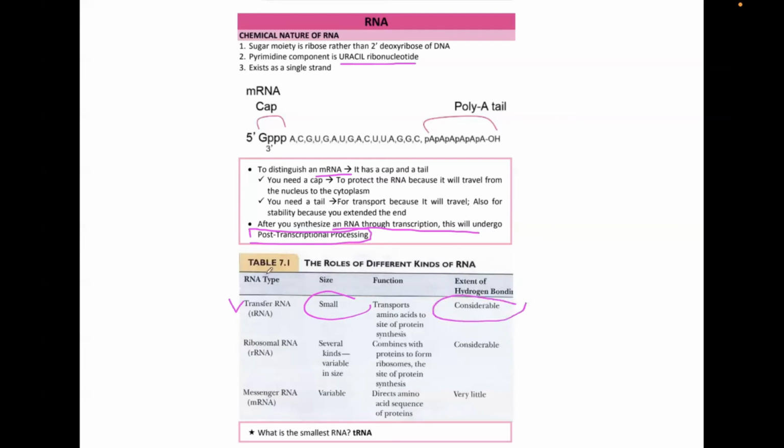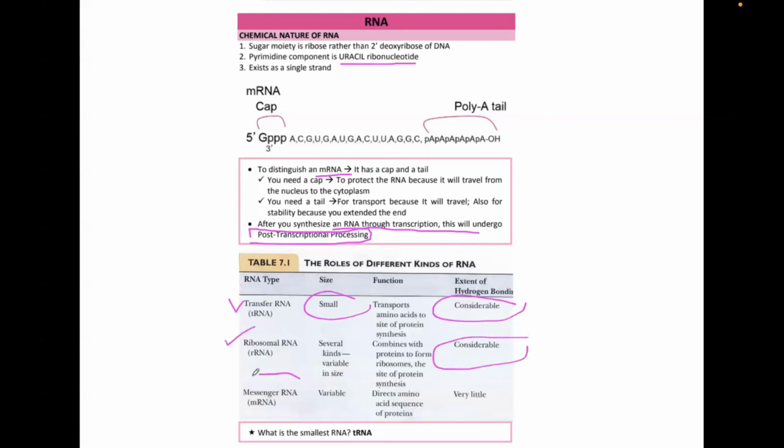Next type of your RNA is what we call your ribosomal RNA or your rRNA. It has several kinds of sizes depending talaga siya. And its function is it combines with proteins to form ribosomes, the site of protein synthesis. And the extent of hydrogen bonding is considerable.